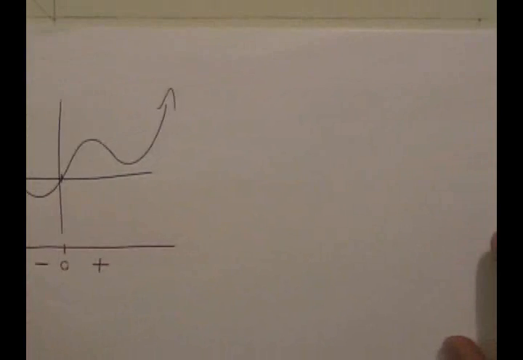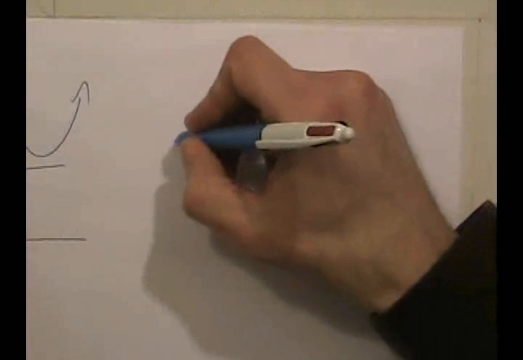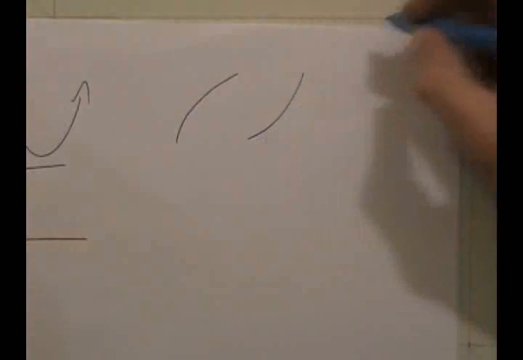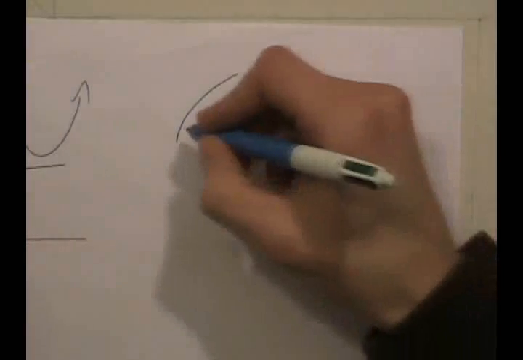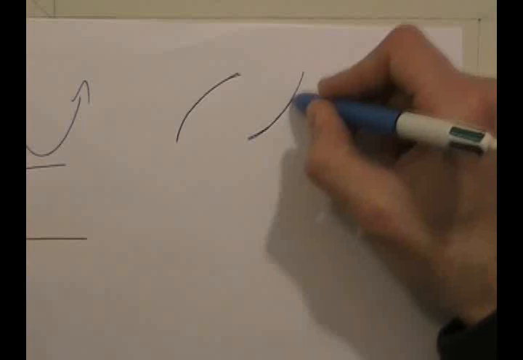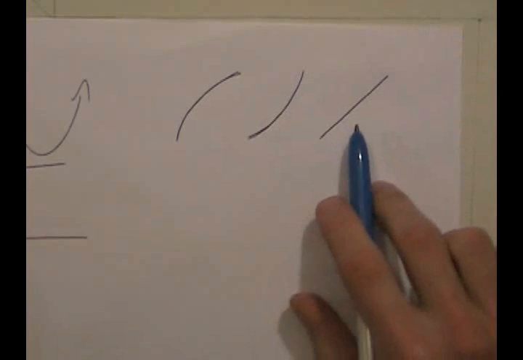Later on, when we get better at this, we'll be able to determine the shape of functions with a little more specificity. For example, increasing could mean this, or increasing could mean this, right? If we say that a function is merely increasing, there's no telling whether it's got that shape, or whether it has this shape, or whether it's a straight line. All that we know is that it's going up.